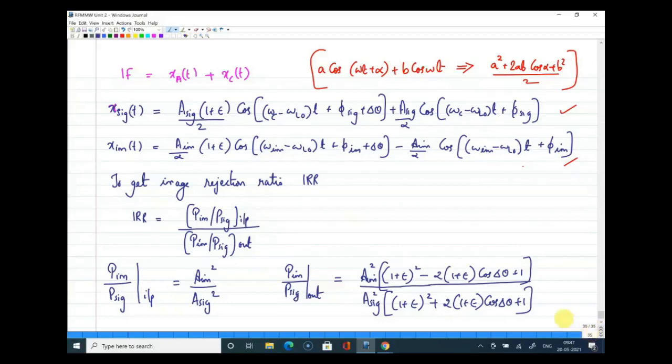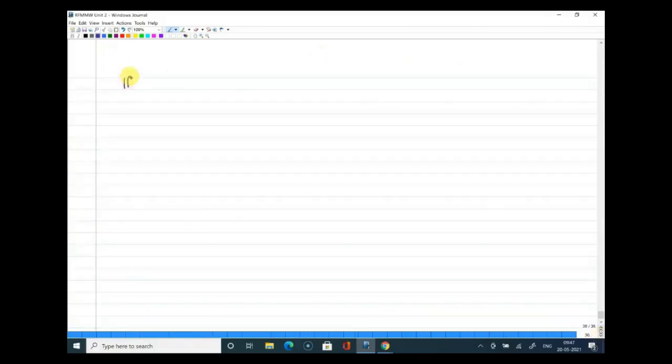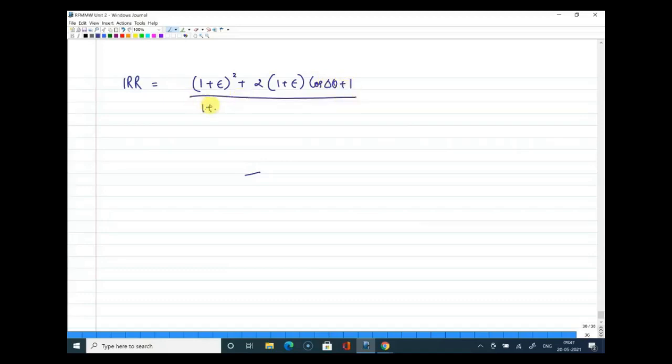Further on this, you can take the ratio of this image rejection ratio. I'll just write it over here. If you take the ratio, those amplitude components will get cancelled out. So this will become 1 plus epsilon the whole square, plus, I think it will be the inverse of what we have written before, cos delta theta plus 1, divided by 1 plus epsilon the whole square minus 2 into 1 plus epsilon cos delta theta plus 1.